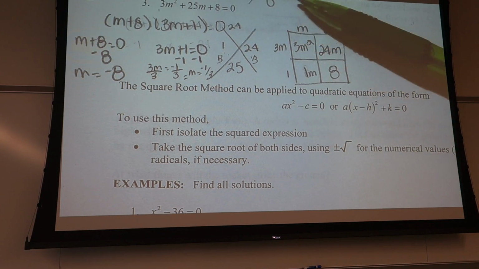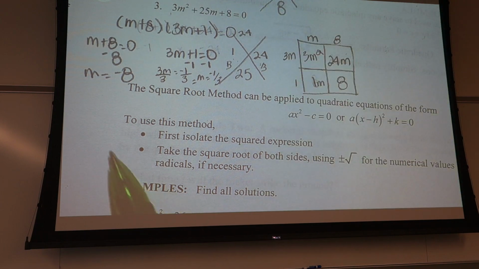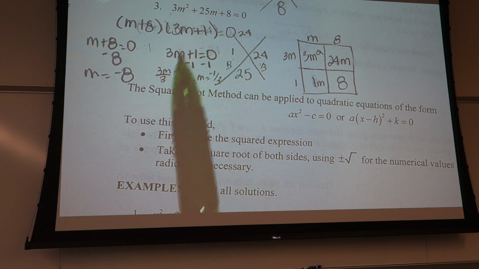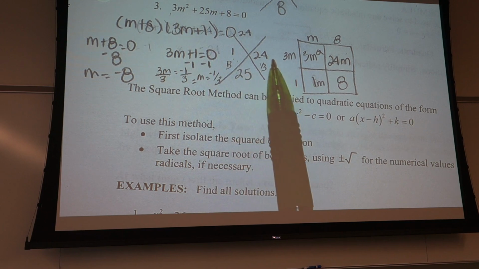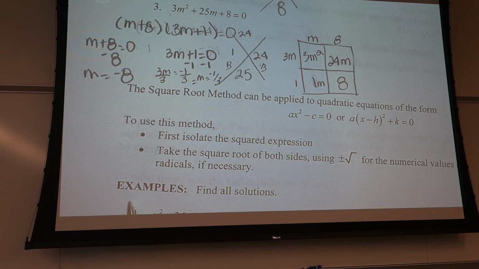So I did A times C, which is 24. And then 1 times 24 equals 24, and then it adds up to 25. Right, so you just took the B and put it down there, so you found two numbers that, as you said, multiply to 24 and add to 25, great.